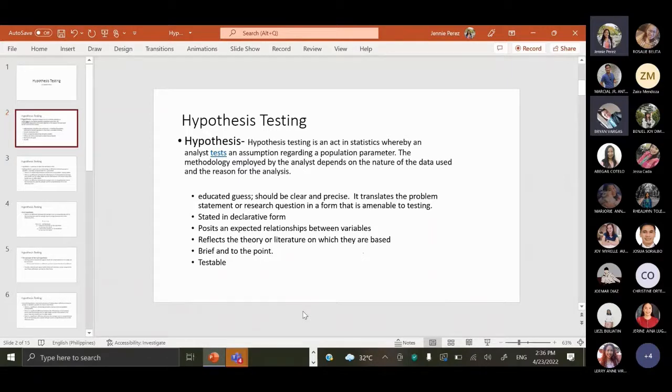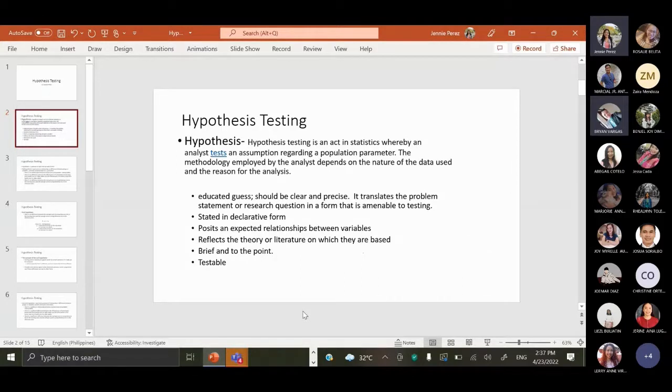For example, you claim that there is gender bias in anxiety level, meaning to say there is a difference in anxiety level generally in the population between the males and the females in the population.